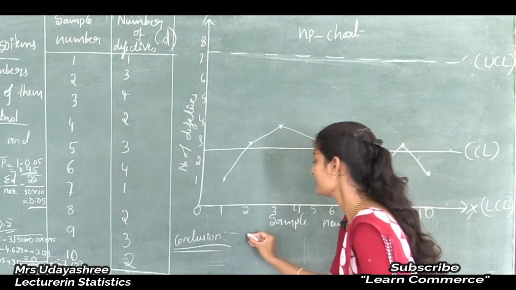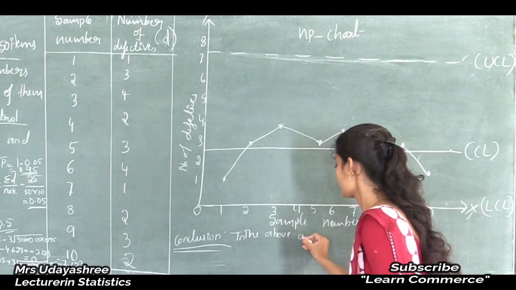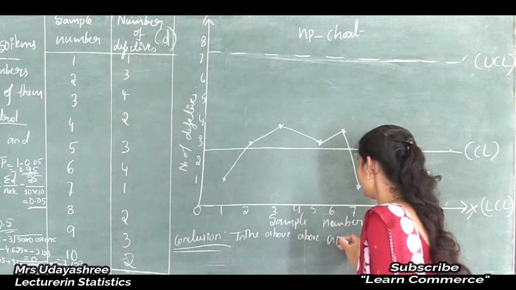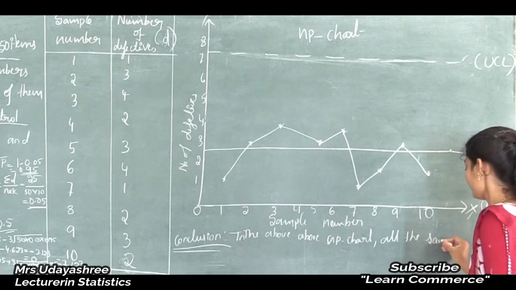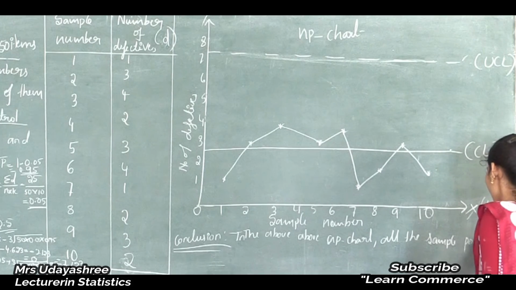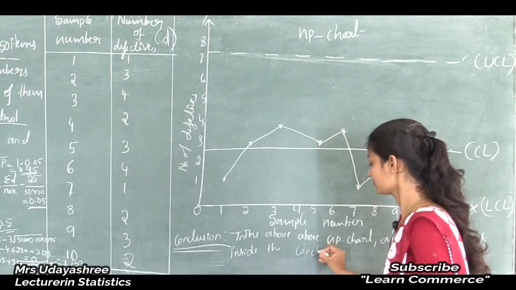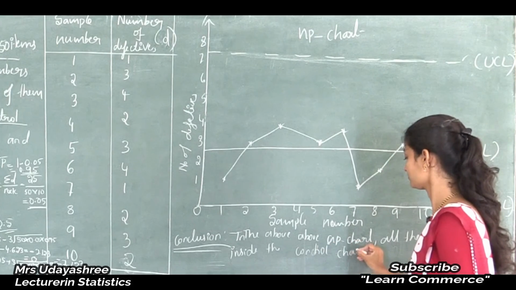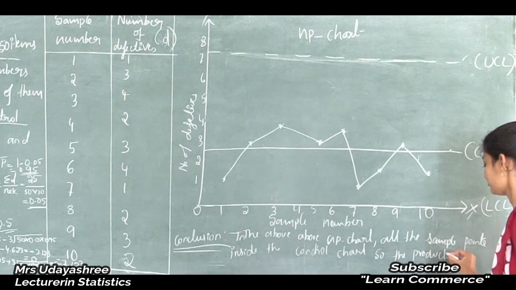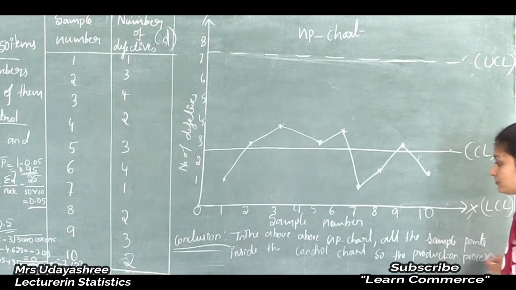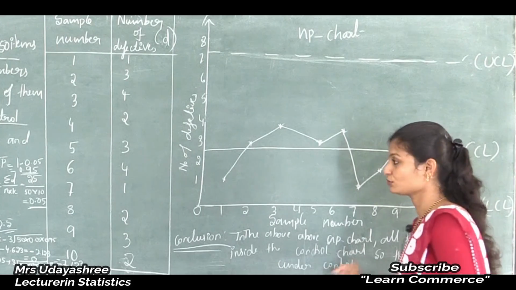The conclusion is that in the above NP chart, all the sample points are inside the control chart, so the production process is under control. Okay, this is the conclusion for this problem.